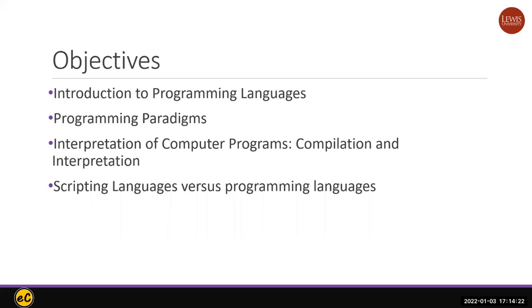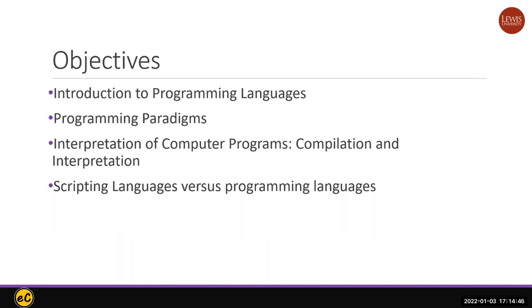Objective: Introduction to Programming Language, programming paradigms, interpretation of computer programs, compilation and interpretation, scripting language versus programming languages. Today, our main focus is the introduction to this course, Programming Language.